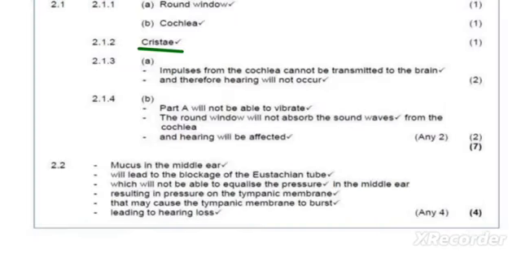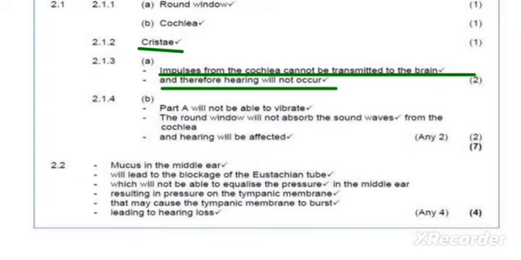Also, impulses from the cochlea are transmitted through that auditory canal. So what's going to happen if it is damaged? You're going to say that the impulses from the cochlea cannot be transmitted to the brain. Therefore, hearing will not occur, because you know its function is to transmit the impulses to the brain.